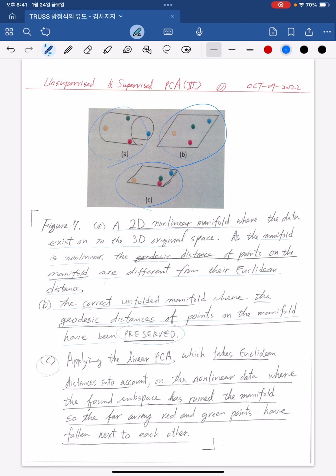C is applying the linear PCA, which takes Euclidean distances into account, on the nonlinear data, where the found subspace has ruined the manifold, so the faraway red and green points have fallen next to each other.